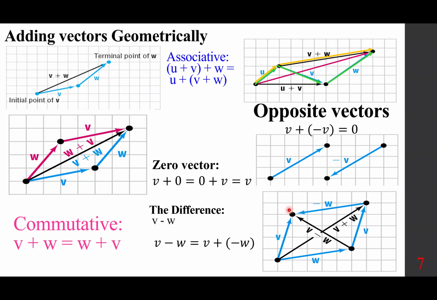So these are adding vectors geometrically. So V minus W, and there it is. Pretty straightforward, everybody.